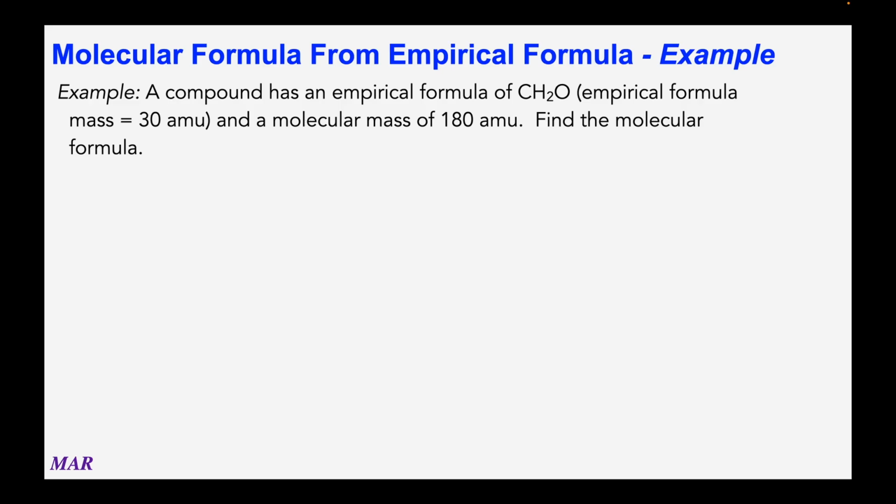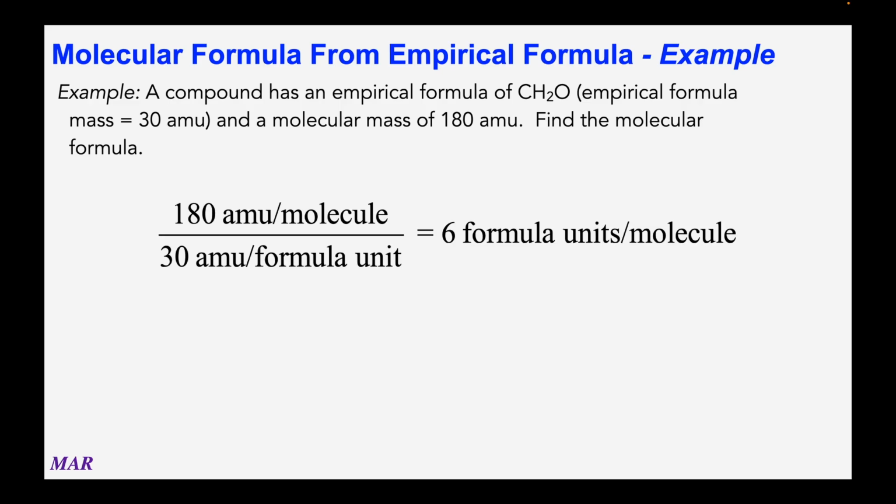So we can use this information to find the molecular formula of this compound. Again, we need to know the number of times the empirical formula will go into the molecular formula, and we can figure that out by dividing the molar mass of the whole thing by the molar mass of the empirical formula.